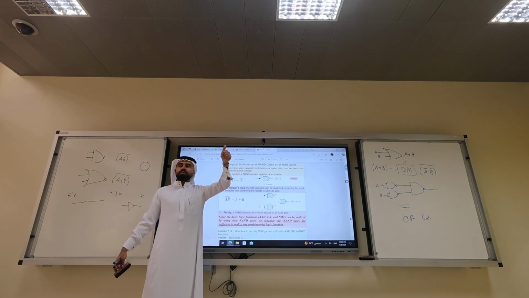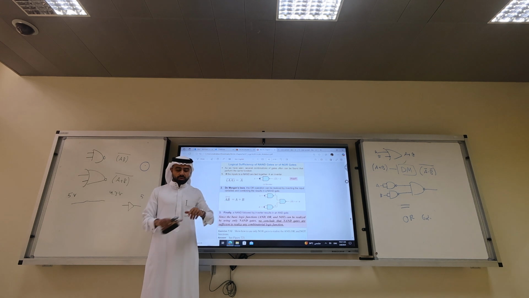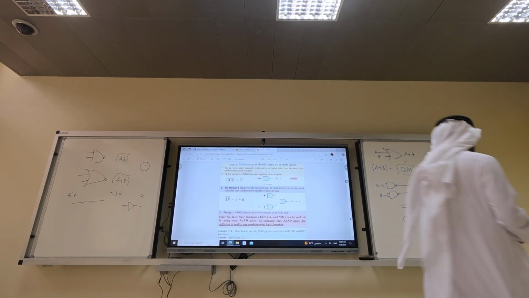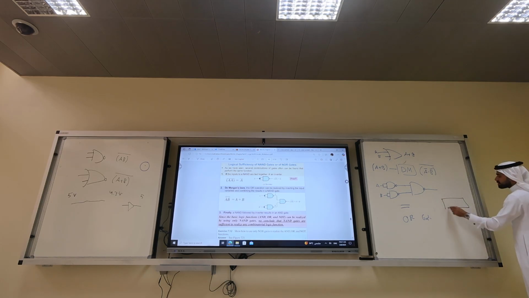So to build an OR, how many NANDs do we need? 3. To build an inverter, how many NANDs do you need? 1. So in other words, do you remember the ICs in the lab, we had ANDs like that.